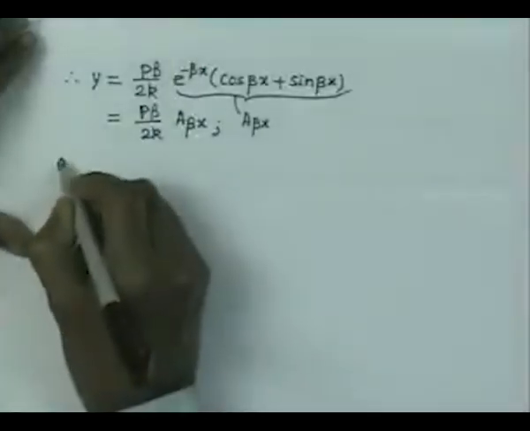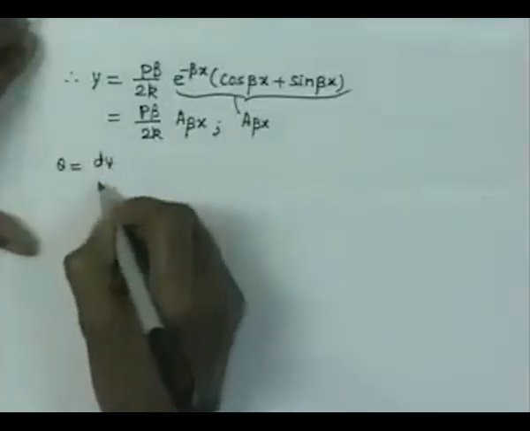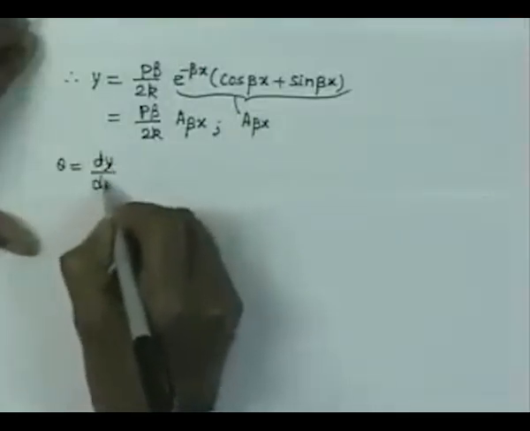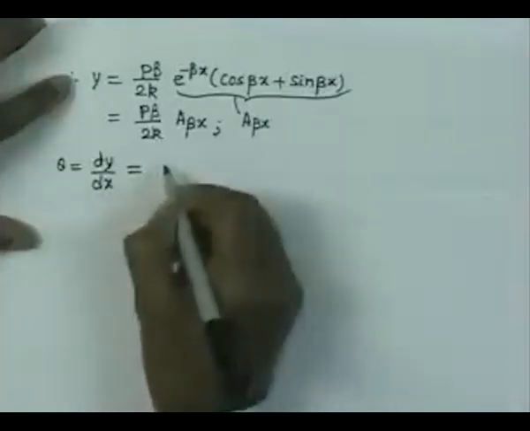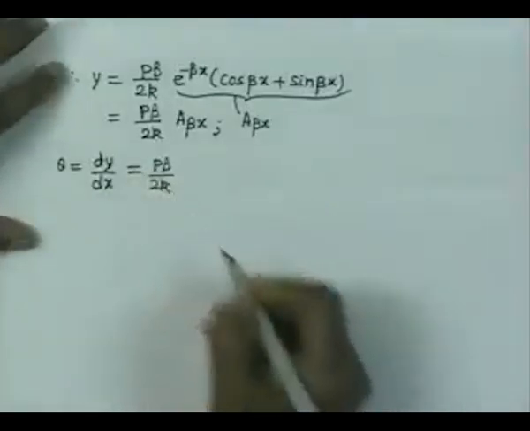We write that theta, the slope, is nothing but dy dx. So, this dy dx we simply have to differentiate once.